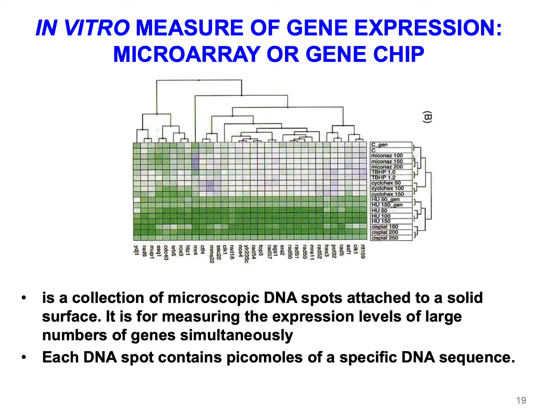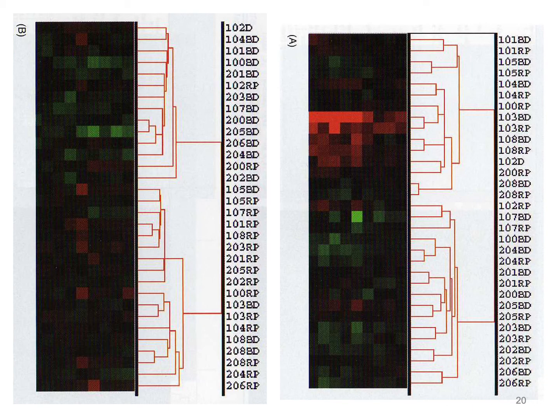Each DNA spot contains picomoles of a specific DNA sequence. And this is working with colors, active, expressing, or inactive, but you can have other red and green colors, and previously, of course, they determine which gene can be at which point.